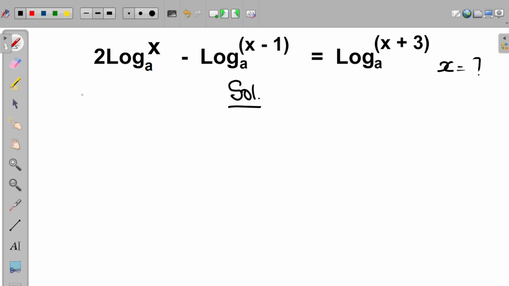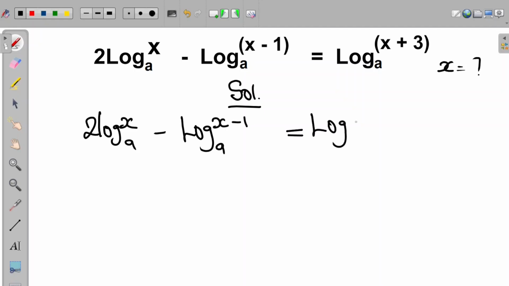The question given to us is 2 log of x to base a minus log of x minus 1 to base a equal to log of x plus 3 to base a.